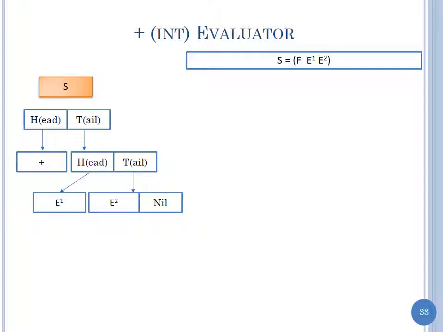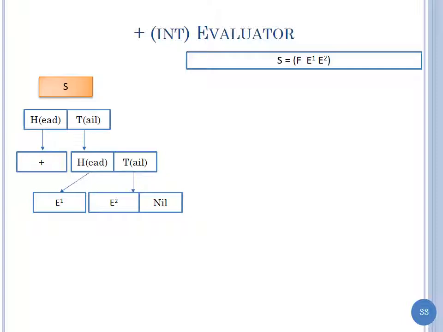A lot of you have taken plus or some other evaluator he implemented and modified it to get your stuff working, so it's important to know what he did. So what's the form here? We're given an S expression, which is a function call. That function call is to plus, and it takes two arguments, E1 and E2. So we'll assume there's no errors at all. And the structure of the S expression is on my left.